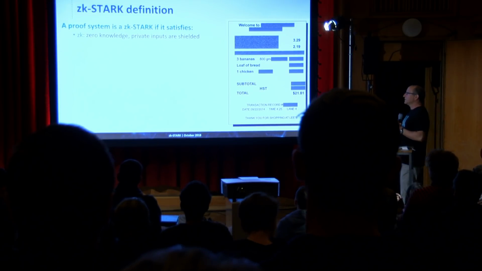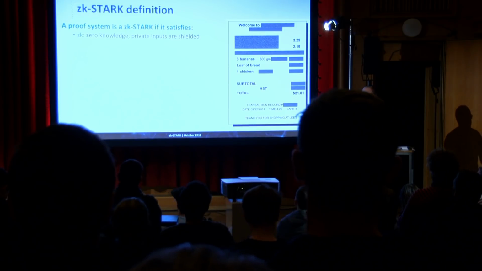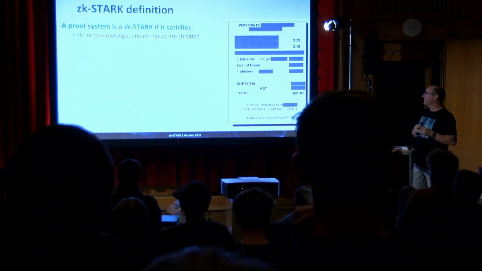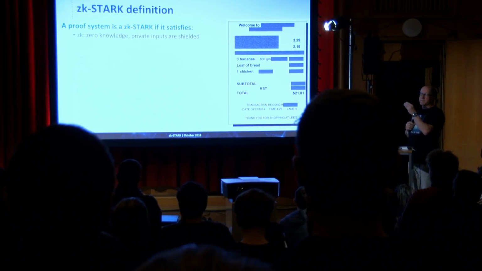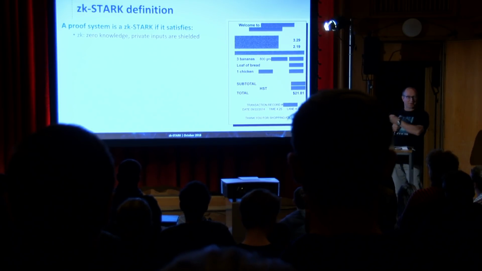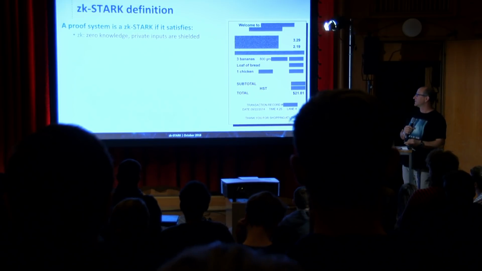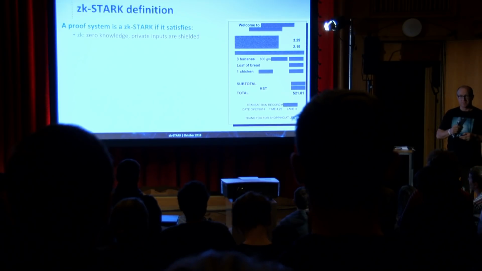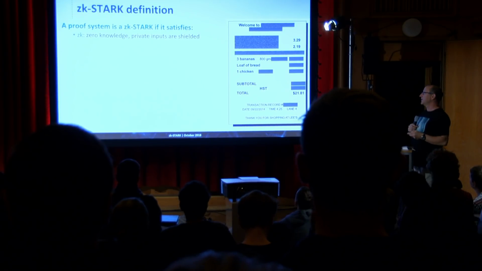So when I talk about a Stark, or a zero-knowledge Stark, you can have a Stark with zero knowledge or without. It has to satisfy a few requirements. It has to be a proof system, first of all. If it's a ZK Stark, then it has zero knowledge, meaning that you can shield or blind whatever inputs you choose. This technology has to support that.